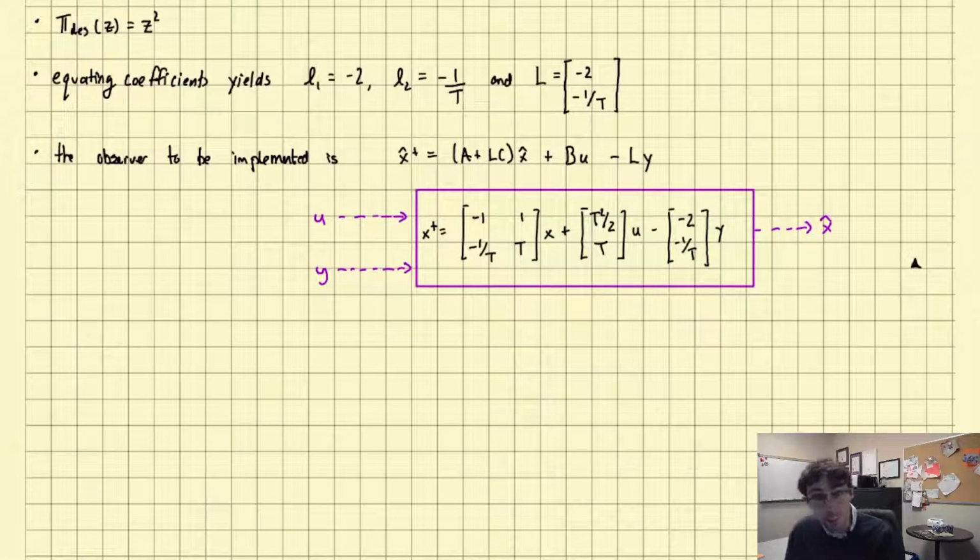Okay, so that's the code that you would run on the computer, and you'd measure the input going to the plant and the output coming out of the plant, and after, in this case, a finite number of steps, this estimate x hat would converge to the plant state. Okay, so that's observer design.